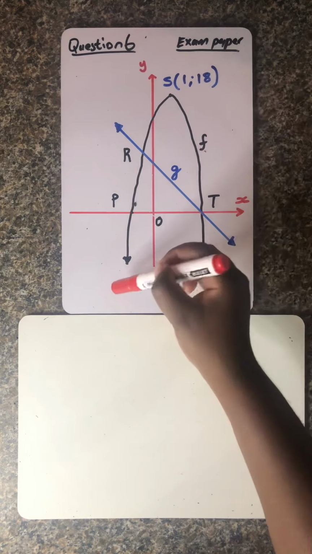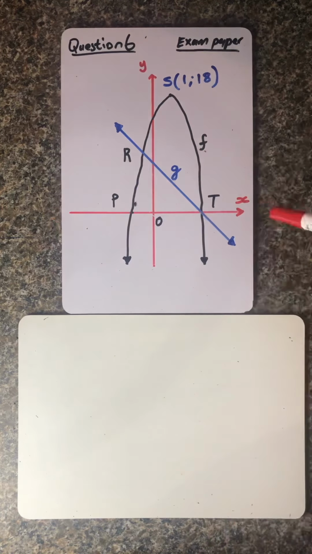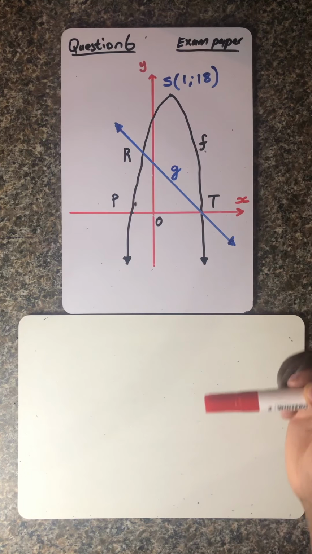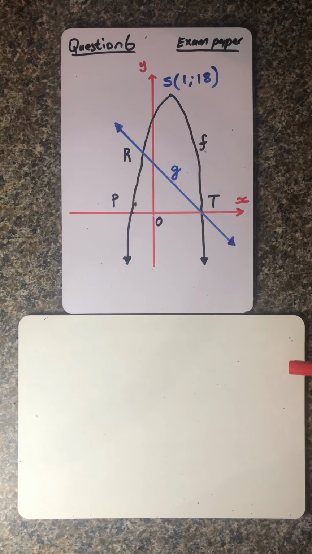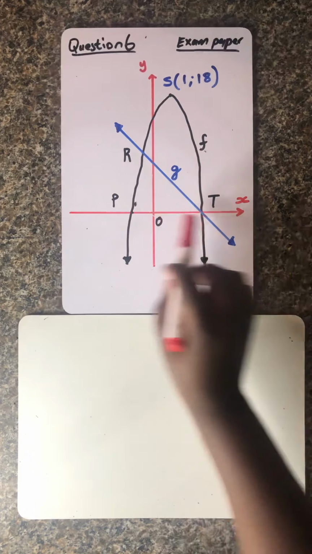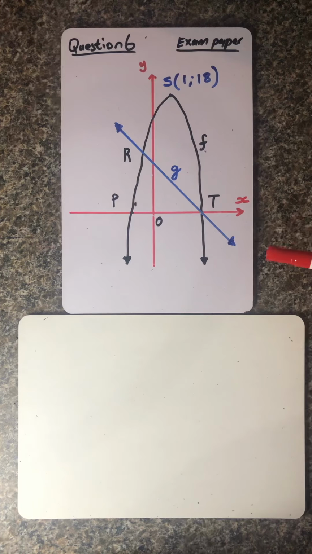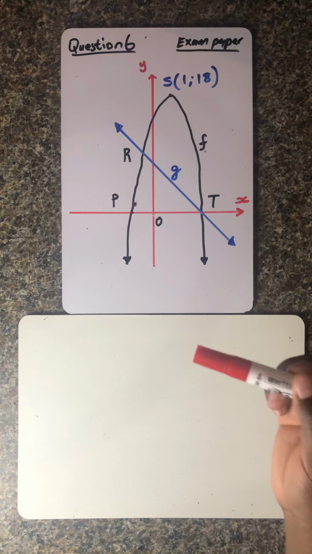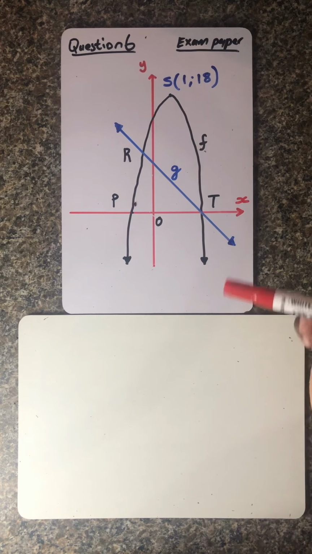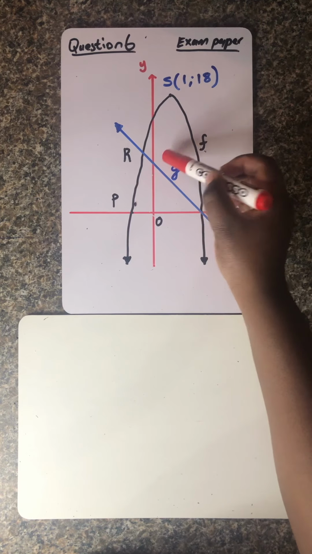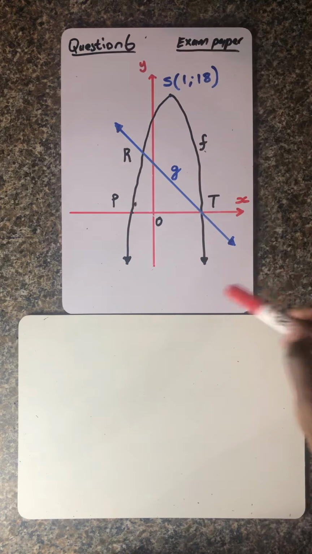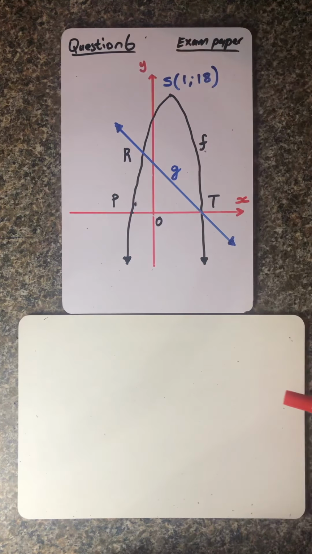This graph touches the x-axis at point T and again at point P. This straight line graph touches the x-axis at T and again at that point. Please notice something, ladies and gentlemen: they didn't refer to the point where the straight line touches the y-axis.